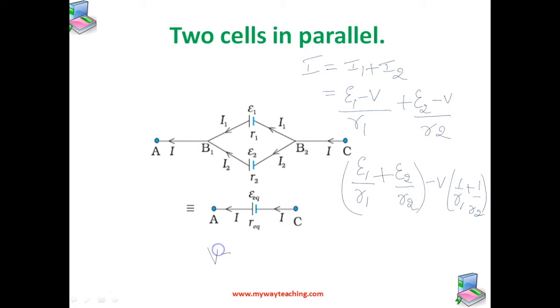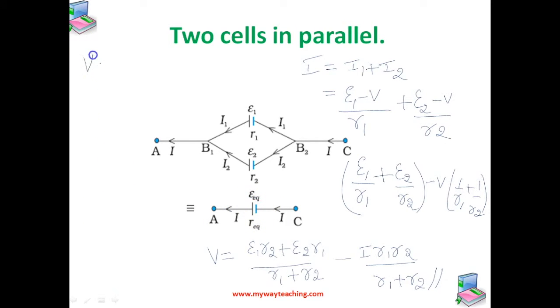So V is given by this equation. If you want to replace the total combination by a single cell, as you can see in this figure, between B1 and B2 an equivalent EMF and an internal resistance R equivalent is considered.